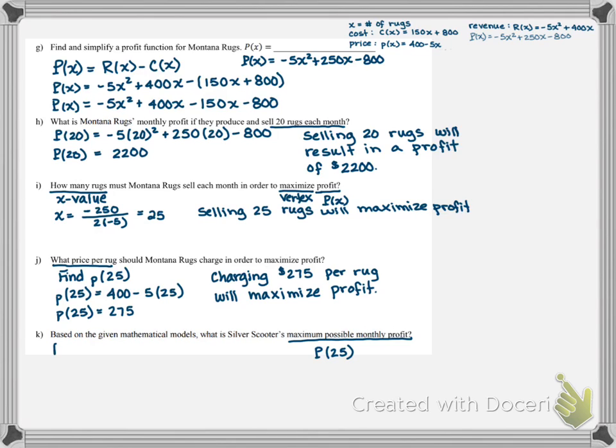So uppercase P of 25 is going to be negative 5 times 25 squared plus 250 times 25 minus 800. So what's the maximum profit? 2,325. Good.